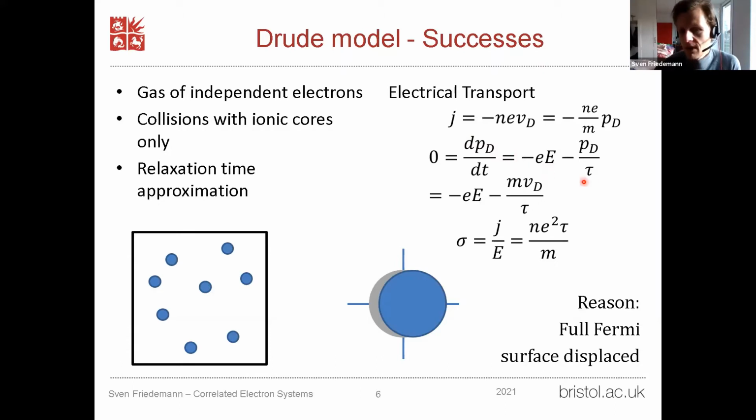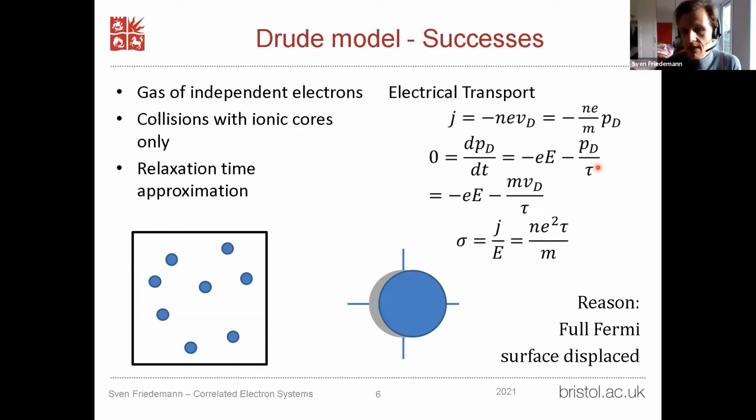This must now be compensated exactly by scattering events, and these scattering events are captured by assuming that there is a relaxation time tau over which these particles fly in a straight line, and after this time the momentum is essentially completely lost. So that's why this momentum divided by tau shows up here.